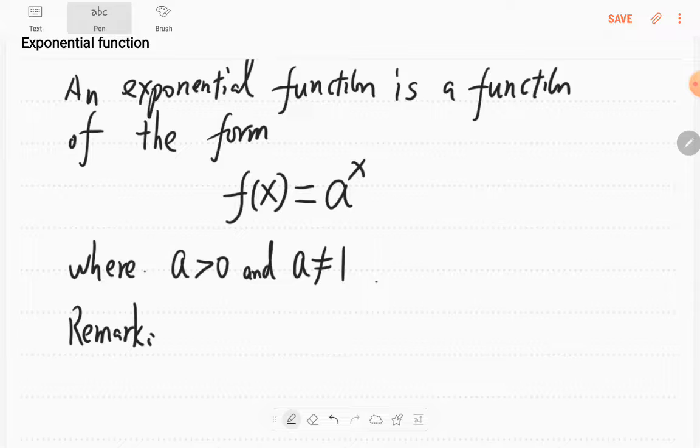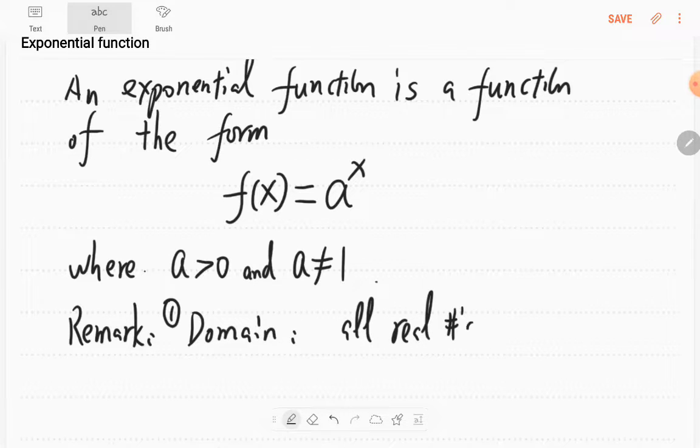And here is some remark. If a is positive and a is not equal to 1, what is the domain of x? The domain is all real numbers, which is from negative infinity to infinity.